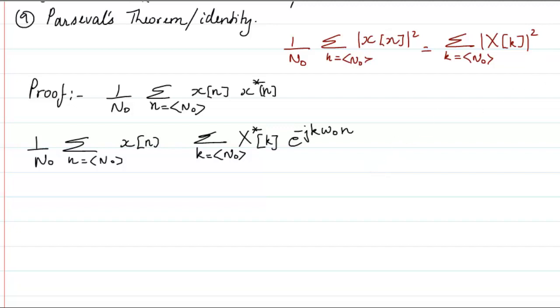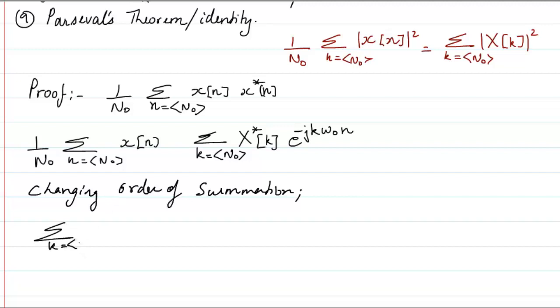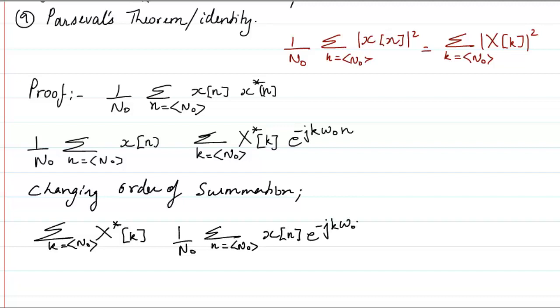If that is the case, then changing the order of summation, I will first write k within the limit n naught, capital X conjugate of k, and then the other portion I will write inside, which is 1 by n naught summation n within the period n naught x of n e raised to power minus j k omega naught n.